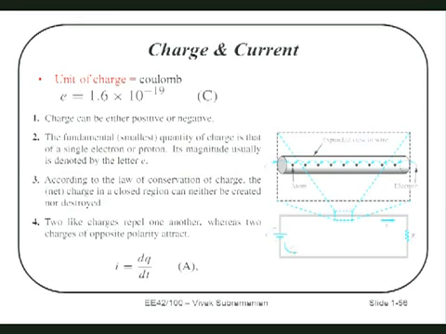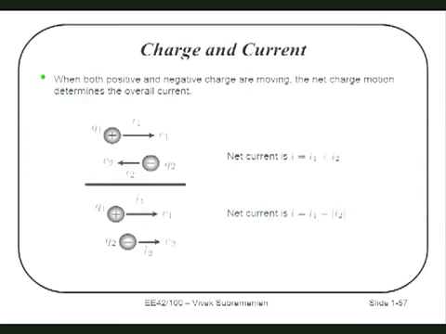Okay, so we've defined current. Now, that was a system where we only talked about electrons. Let's take another system, where I have electrons and ions, or protons. The electron has a negative charge, and the ion has a positive charge.